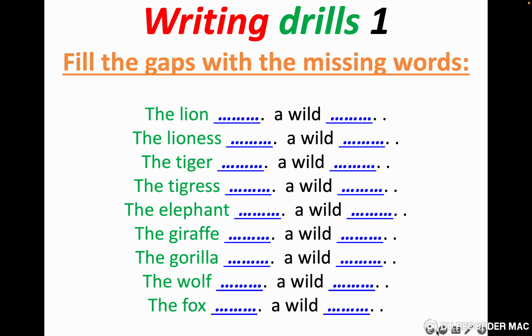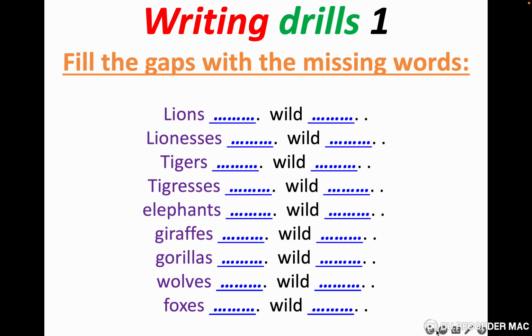The elephant, a wild. The giraffe, a wild. The gorilla, a wild what? The wolf, a wild what? The fox, a wild what? So it's very easy. Let's go to the next slide.